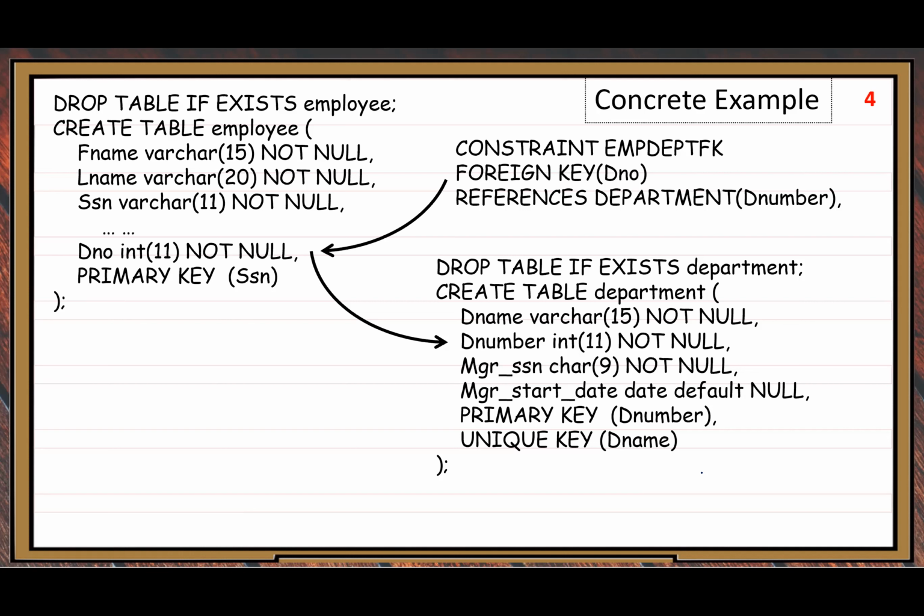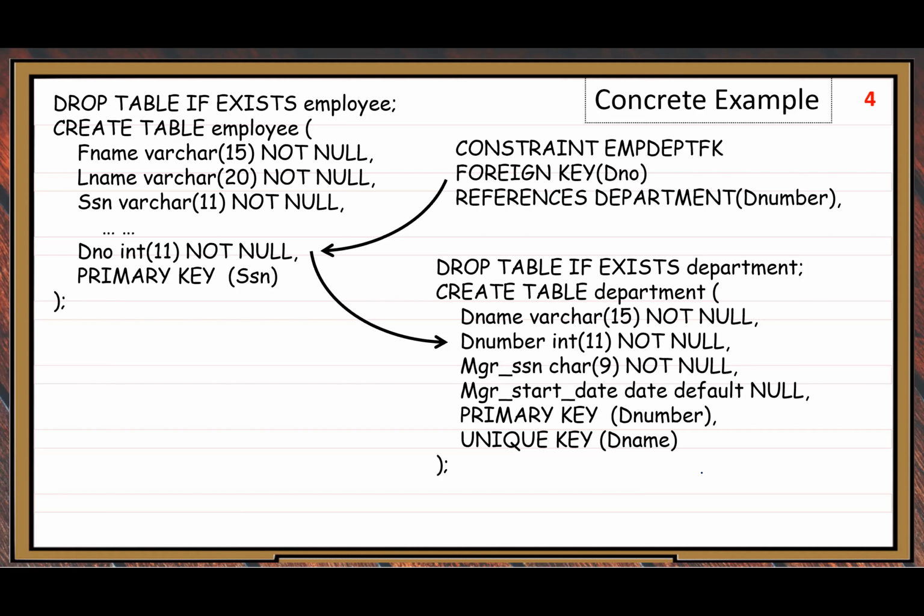All right, constraint, then give a name for it. EMP department foreign key, so you know the meaning from the name. First table EMP, second table DEPT, and the foreign key, FK.